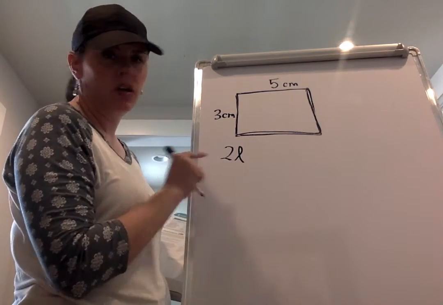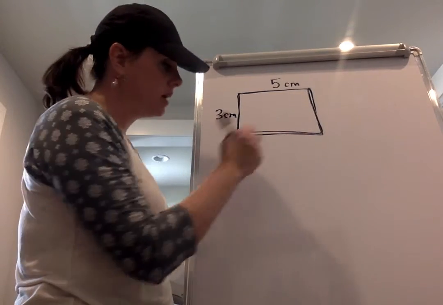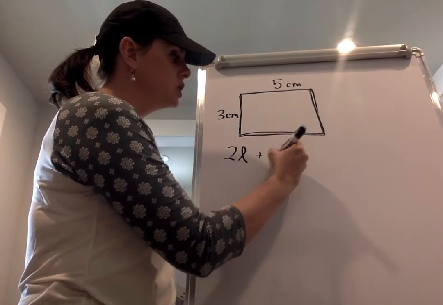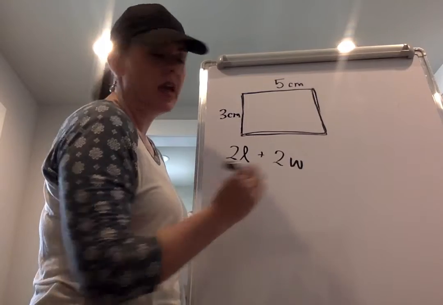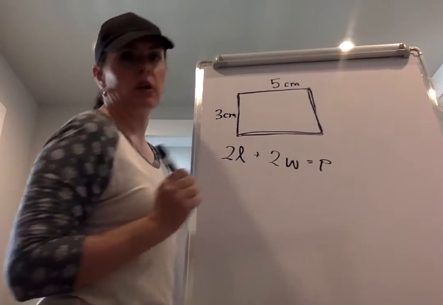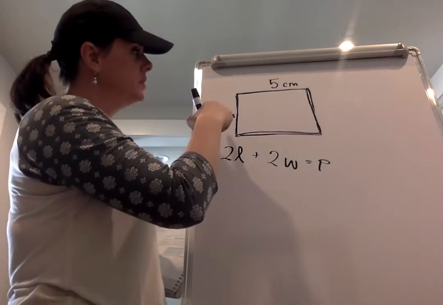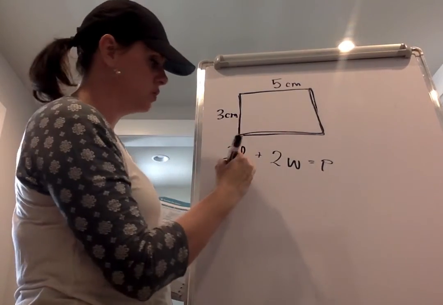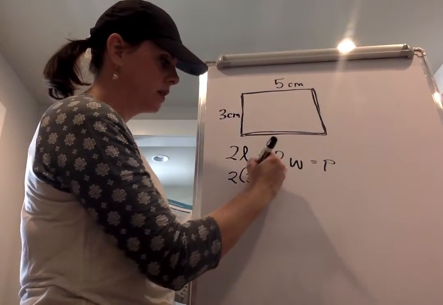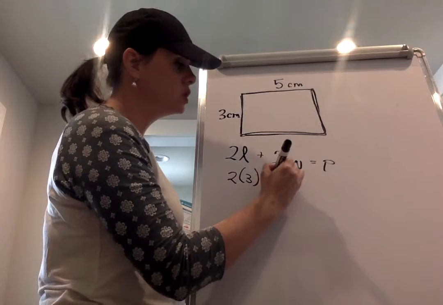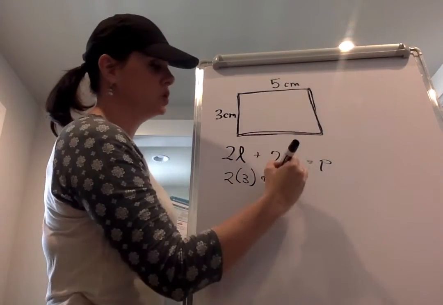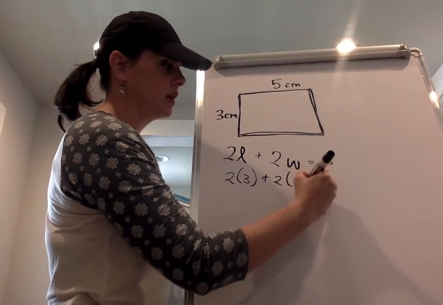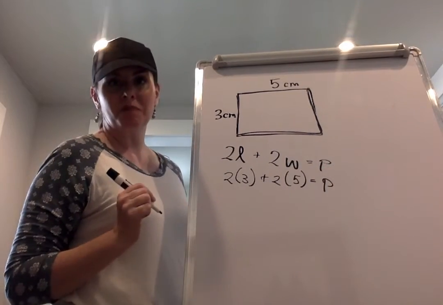So 2 times the length plus 2 times the width, and that equals the perimeter. So 2 times the length would be 2 times 3 plus 2 times the width, which would be 2 times 5, and that would equal our perimeter.